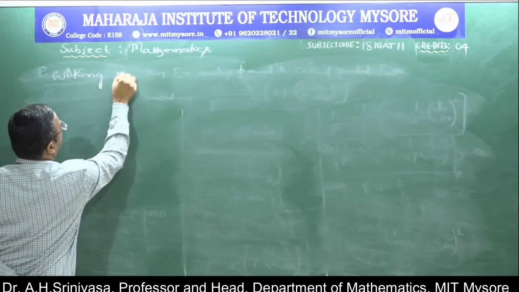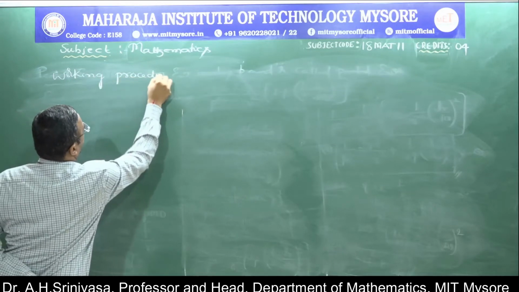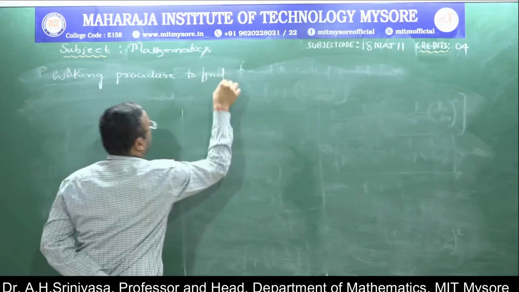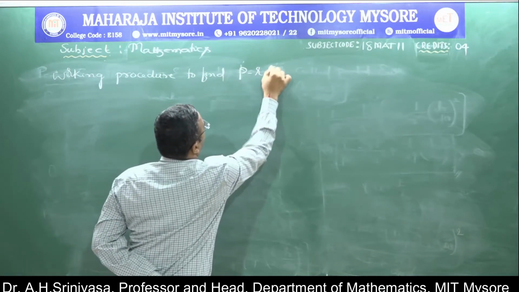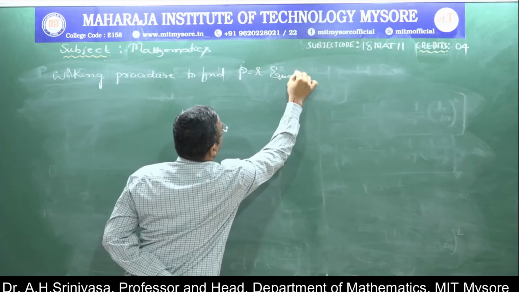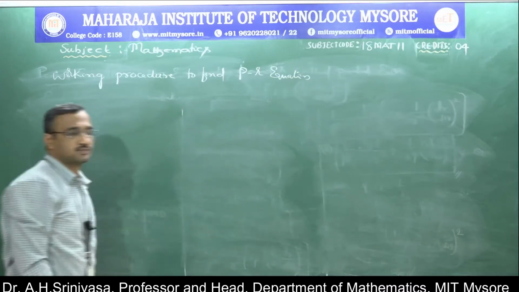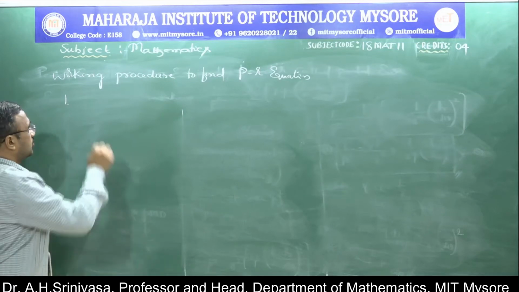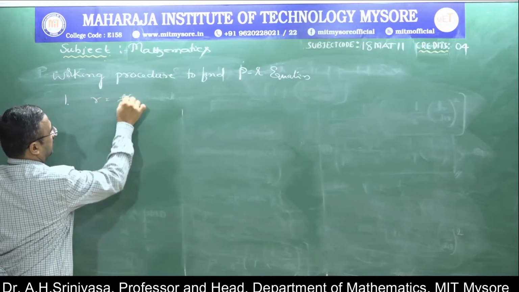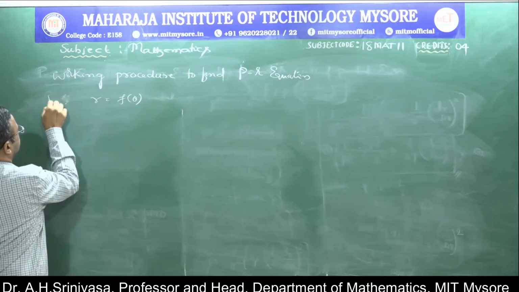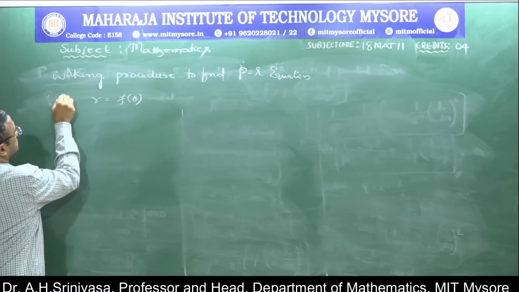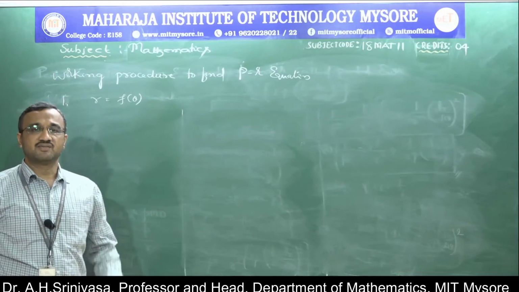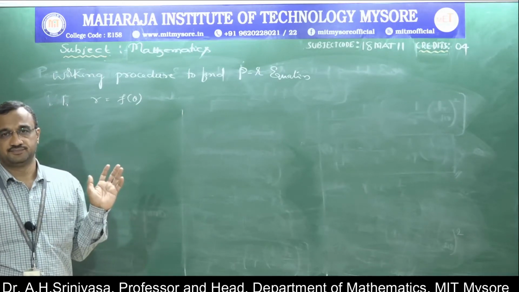Working procedure to find Padal equation, that is the PR equation, we call it simply the PR equation. The first procedure: take the given polar curve r equal to f of theta. For a polar curve r equal to f of theta, we should eliminate the value of phi.